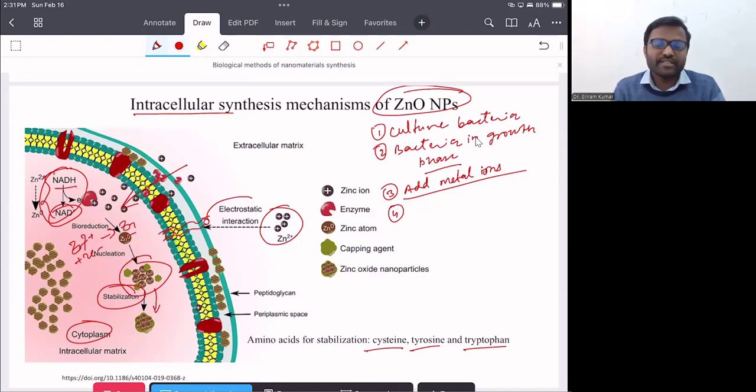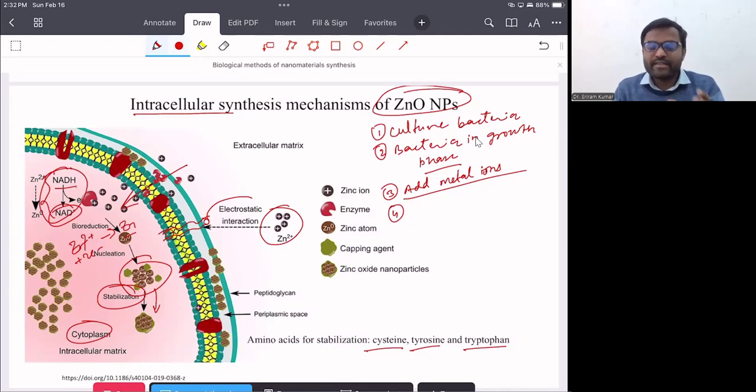So in intracellular synthesis of nanomaterials, what is happening? First, we need to culture bacteria and use the growth phase of the bacteria. Then we add metal ions to the culture, and the metal ions get transported inside the cytoplasm. We have the enzyme NADH, which reduces the metal ions into the metal, and the enzyme itself gets oxidized into NAD+. This happens within the cytoplasm.